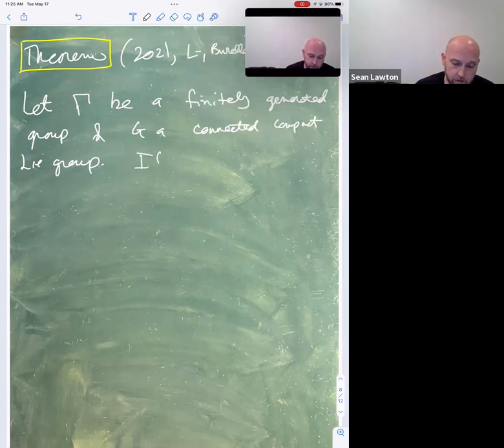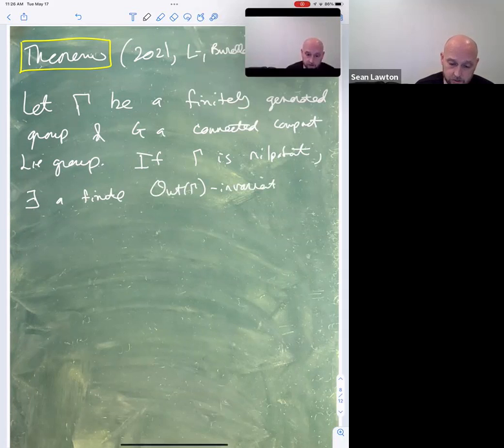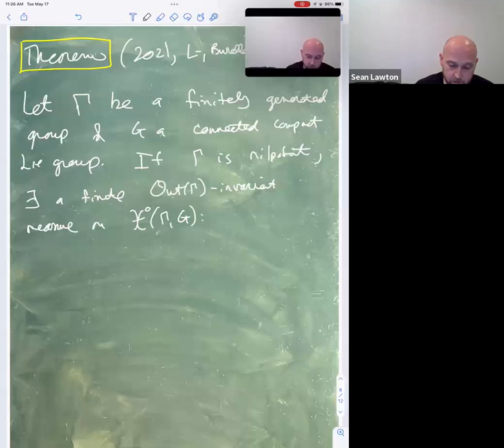If gamma is nilpotent, there exists a finite Out(gamma) invariant measure on the character variety, which, since I didn't use exactly that notation, I'll tell you what I mean by that.